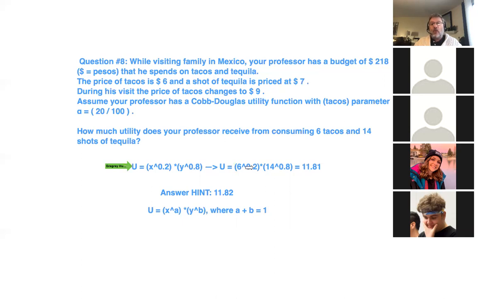So if I put in 15 shots of tequila instead of 14, or 7 tacos instead of 6, I know the number that's going to come out is going to be bigger. So I know you like that more than having less of the goods.